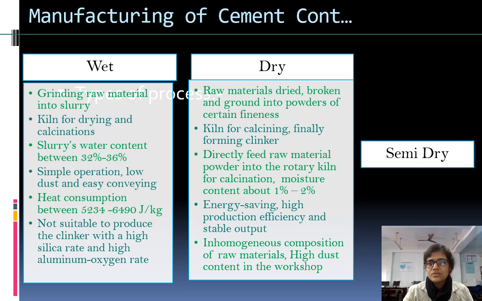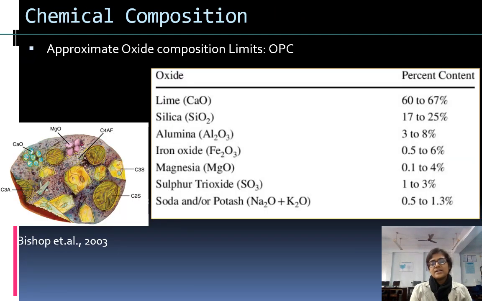So the next part is our cement. This is a very important slide. You see the chemical composition: after all this manufacturing process, the end product, the cement, has the main oxides as lime, silica, alumina, iron oxide, magnesia, sulfur trioxide and potash, right?